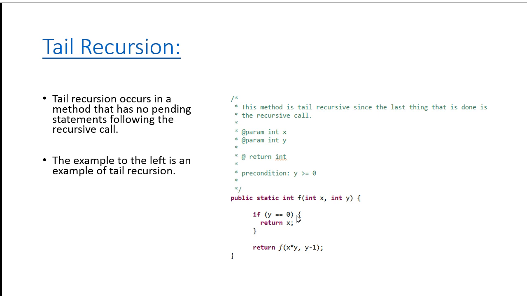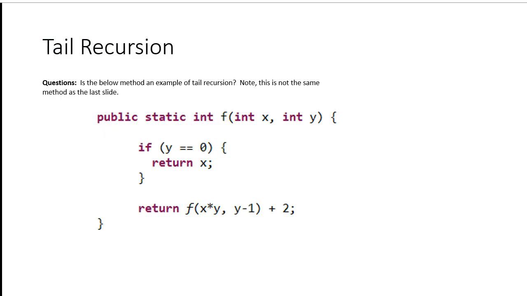One specific type of recursion is called tail recursion. Tail recursion is a recursive algorithm where the very last thing is the recursive call. If our method here is called f, notice the last thing in this method is the recursive call itself. So my question for you is, is this an example of tail recursion?